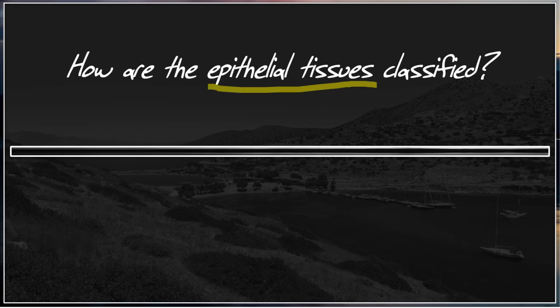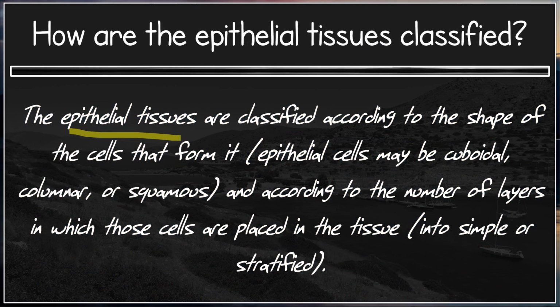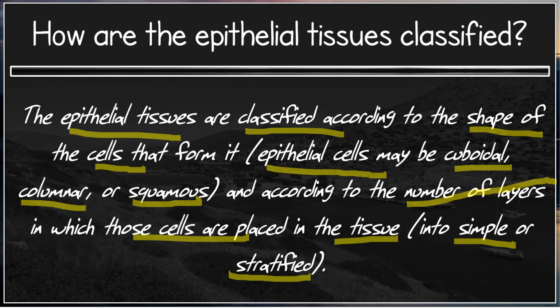How are the epithelial tissues classified? Epithelial tissues are classified according to the shape of the cells that form them. Epithelial cells may be cuboidal, columnar, or squamous, and according to the number of layers in which those cells are placed in the tissue, into simple or stratified.